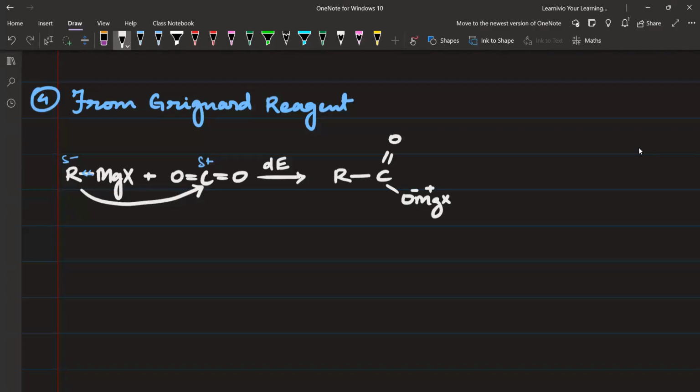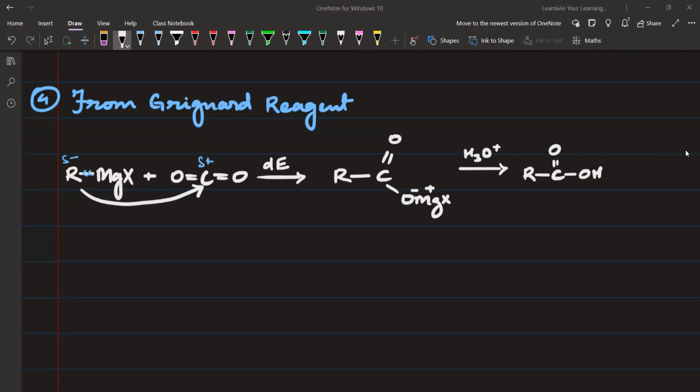MgX has a positive charge because the alkyl has left from there. After this, we just need to add H3O positive, and you will get R C double bond O and OH. Here also you can see there is an addition of a carbon atom. We start with R carbon, and here we have R plus one carbon atom.